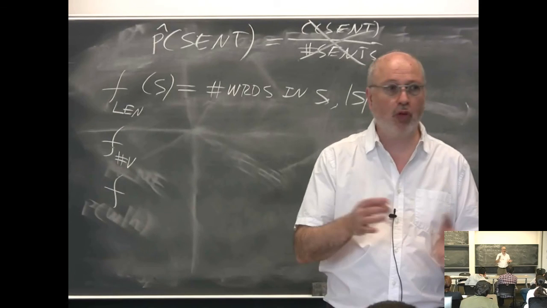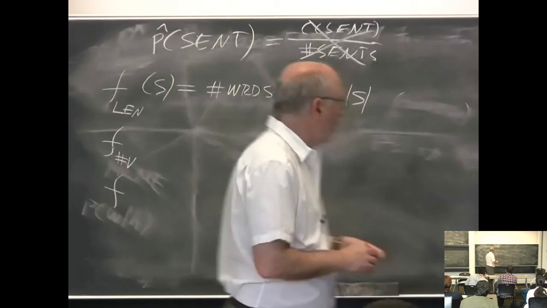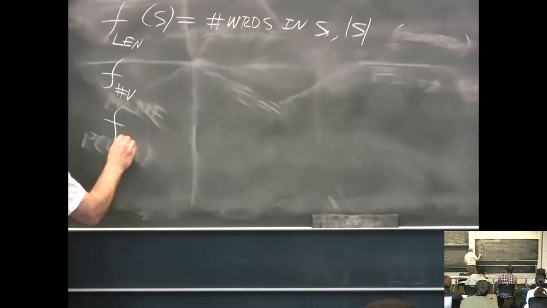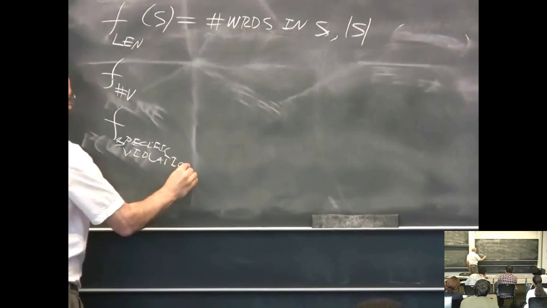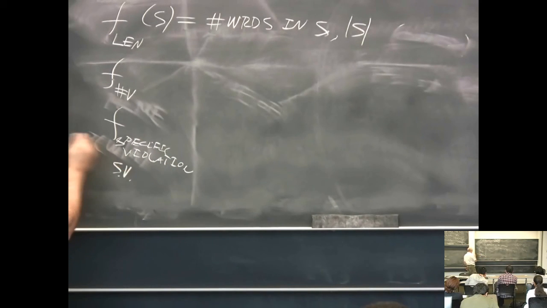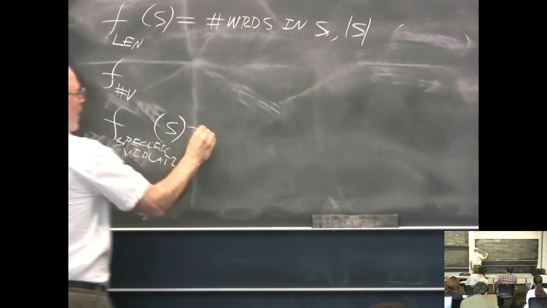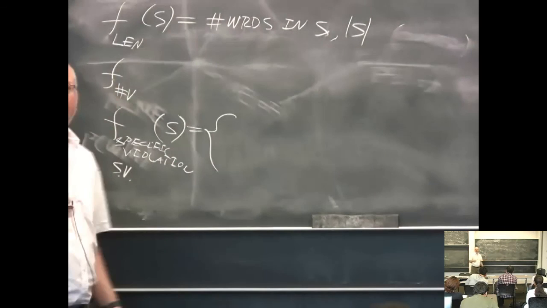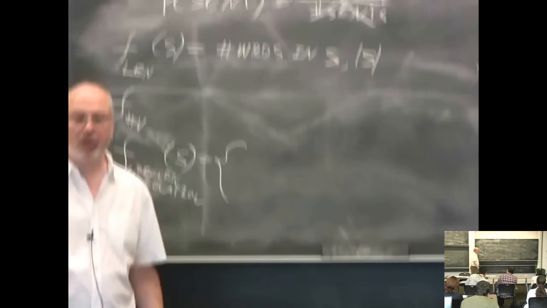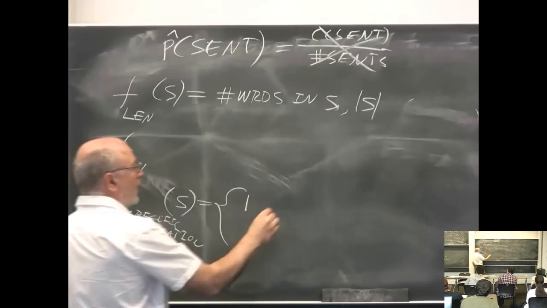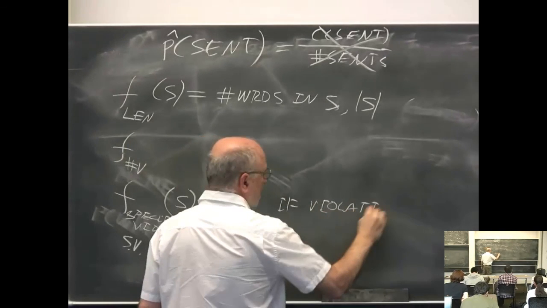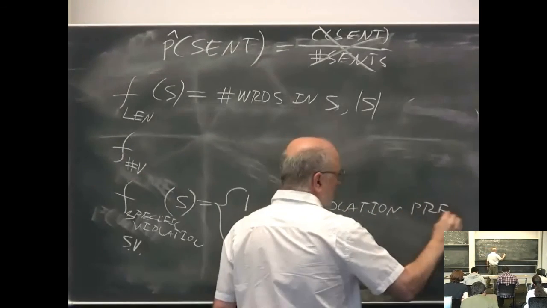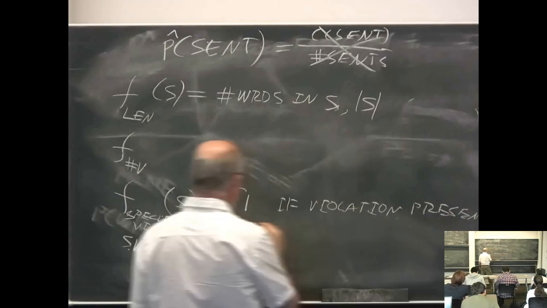It occurs in only 2% of sentences. So if you create a specific violation feature, call it SV, of the sentence, and you simply calculate whether for any given sentence the violation is present or not, and define the feature as 1 if the violation is present, and 0 otherwise.